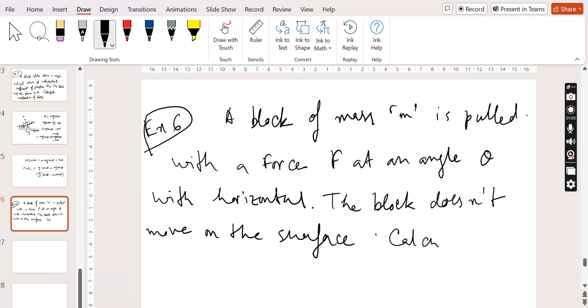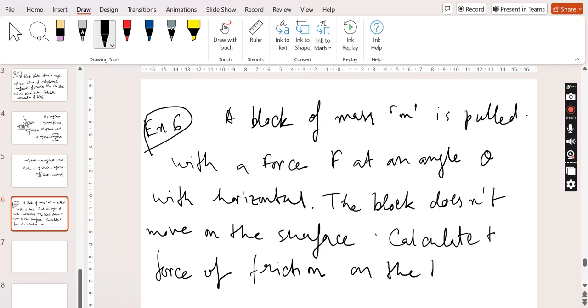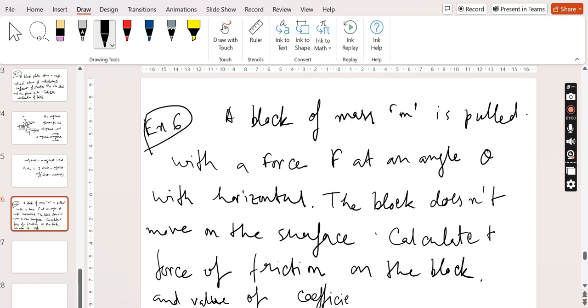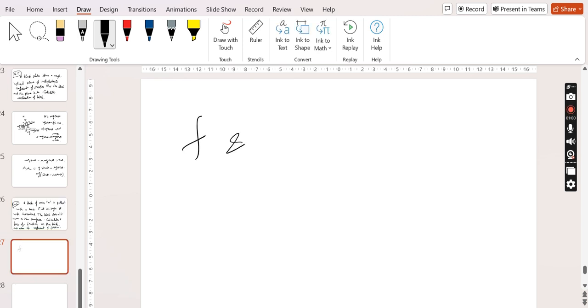Calculate the force of friction on the block and the value of the coefficient of friction. So we need to calculate F and mu.